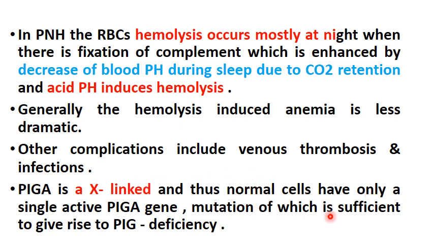Thus, normal cells have only a single PIGA gene, and a mutation of it is sufficient to give rise to PIGA deficiency and subsequently to paroxysmal nocturnal hemoglobinuria, in which the hemolysis of red blood cells occurs at night when the pH decreases because of the retention of CO2, which leads to the blood pH becoming acidic, and this enhances the fixation of the complement, which leads to the lysis of red blood cells.